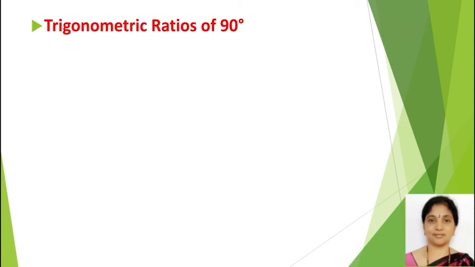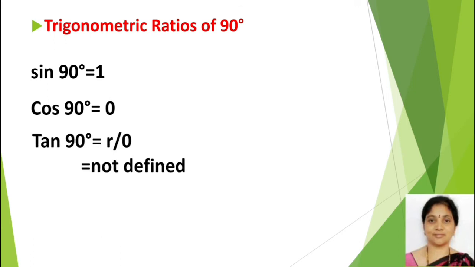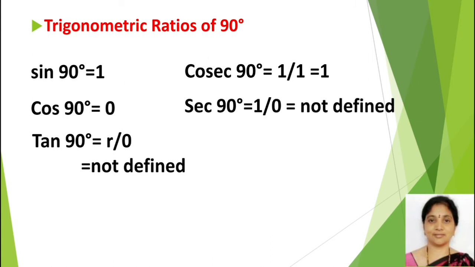Just see the values at 90 degrees. Sin 90 degrees is equal to 1, cos 90 degrees is equal to 0, and tan 90 degrees is not defined. For cosecant 90 degrees we have to take the multiplicative inverse, that is 1 by 1, which is equal to 1. For secant 90 degrees we write 1 by 0, and 1 by 0 is not defined.